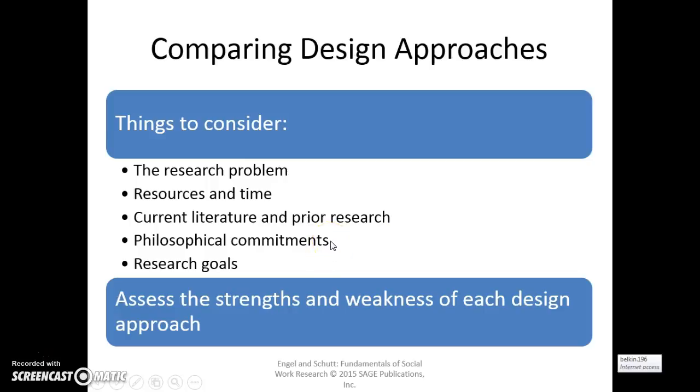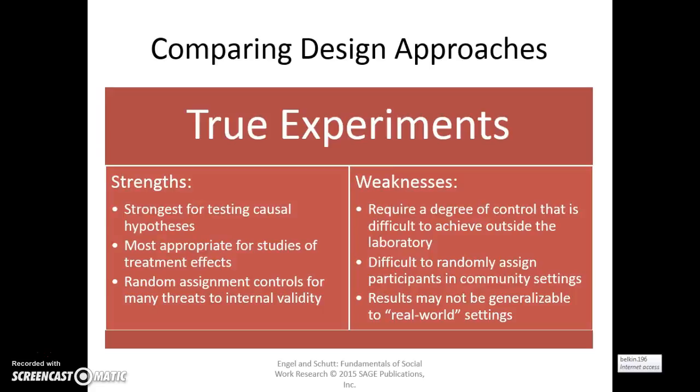Maybe philosophically, you have a vested interest in community-based participatory research, for example, or specific feminist approaches that require you to integrate certain qualitative aspects. And maybe just the general goals of the research. If your goal is to find the cause that leads to an issue, then you're probably going to lean towards quantitative. So think through these summaries that I've provided here in the next few slides.